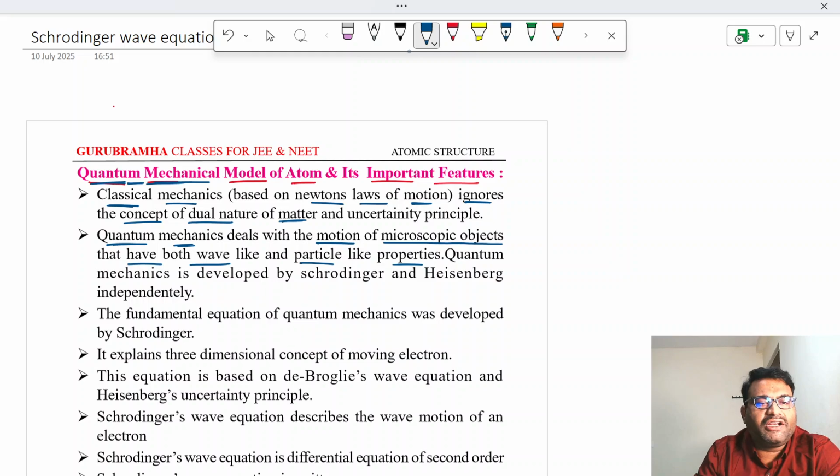So quantum mechanics deals with both particle nature and wave nature. The wave nature of microscopic objects is taken into consideration. Quantum mechanics was developed individually by two scientists named Schrodinger and Heisenberg.